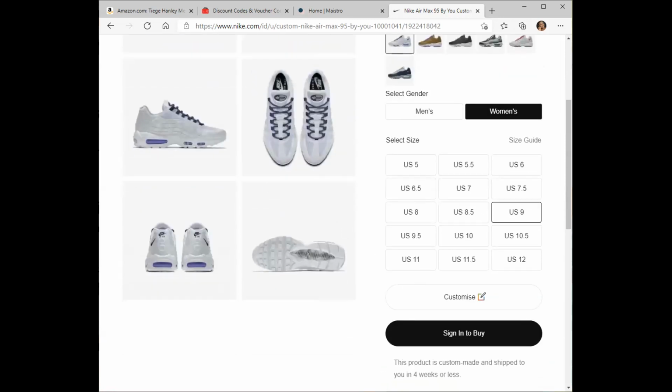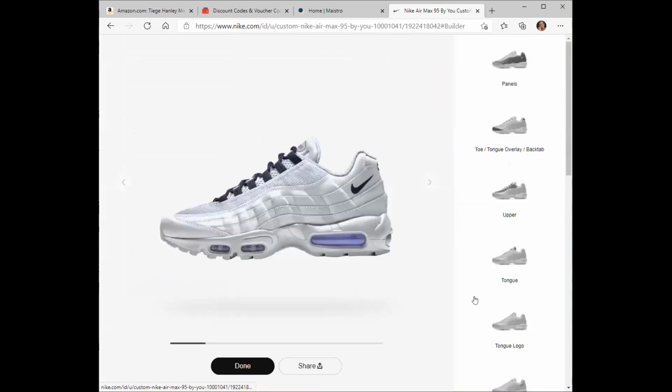And it asks us to select the shoe size. So a woman's shoe size in sneakers would be average 9.5, 10, right? So let's do a 9.5. And then we'll go into customize.